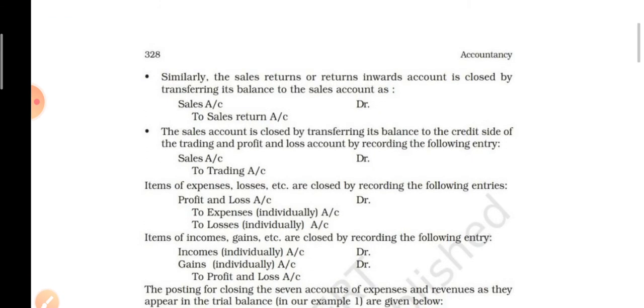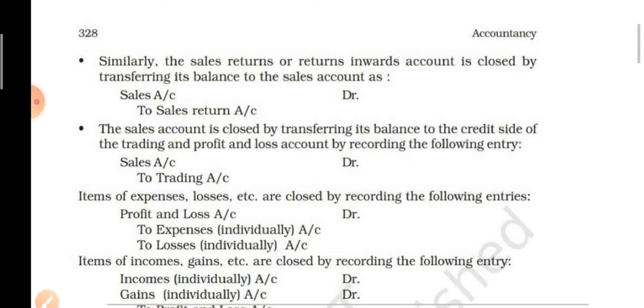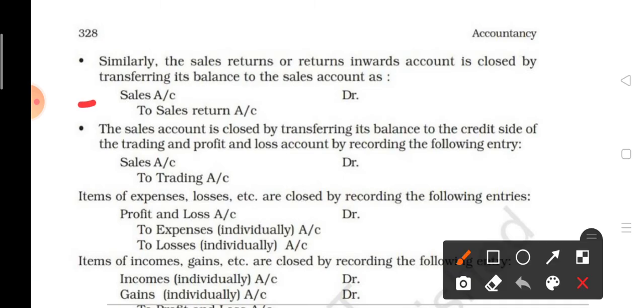Similarly, sales return or return inward account is closed by transferring its balance to the sales account. So the journal entry will be sales account debit to sales return account. And in the same way, for the credit side, if you have to transfer sales to the trading account, then the entry will be sales to trading account.